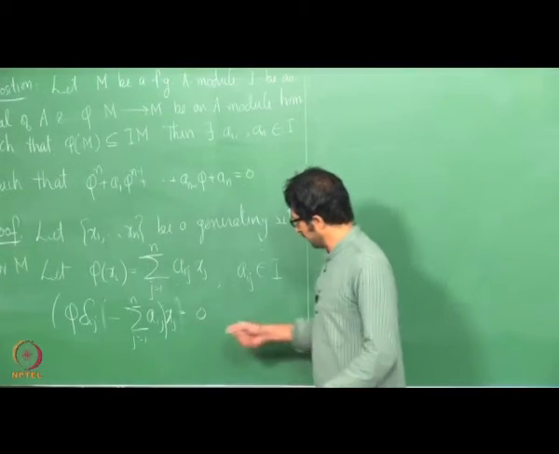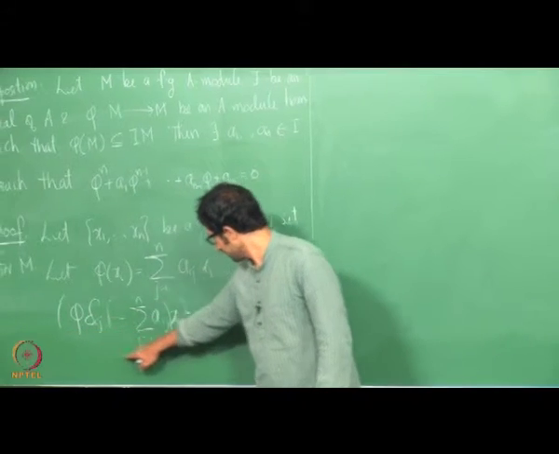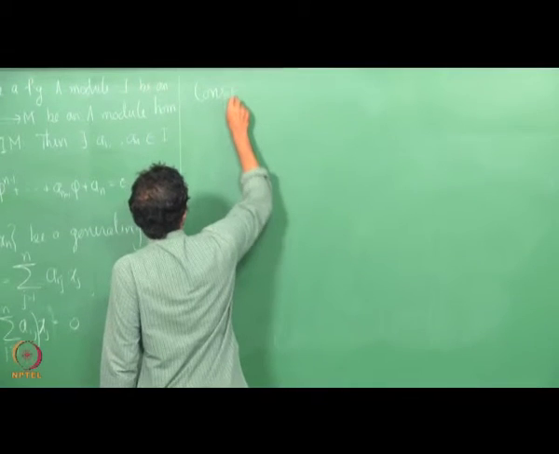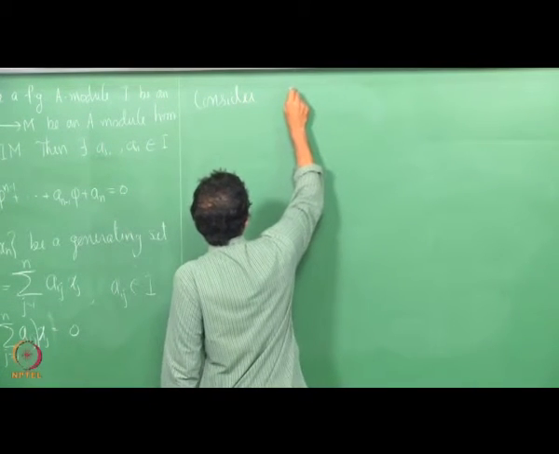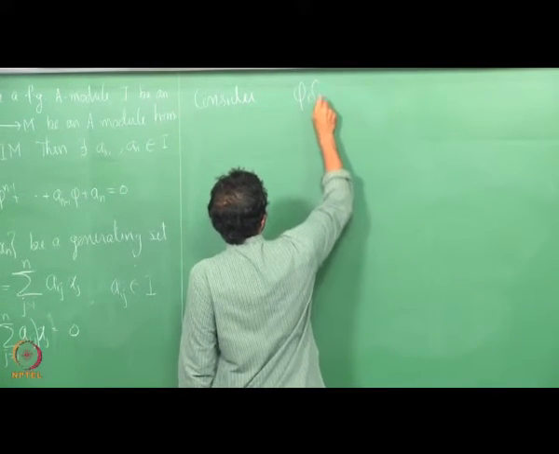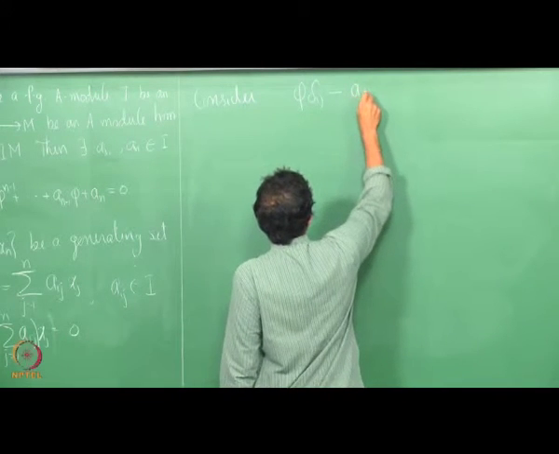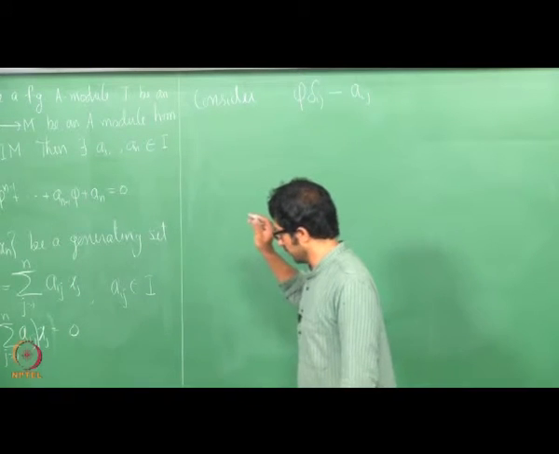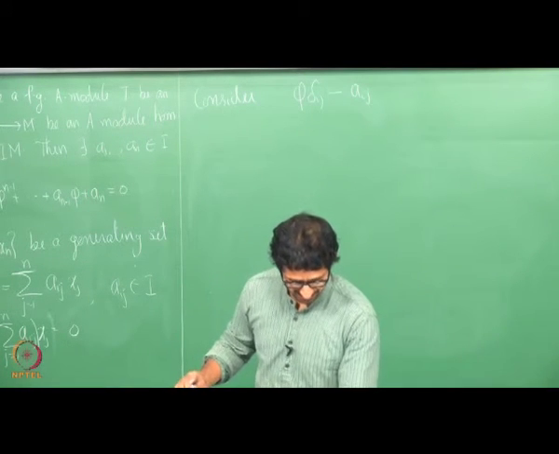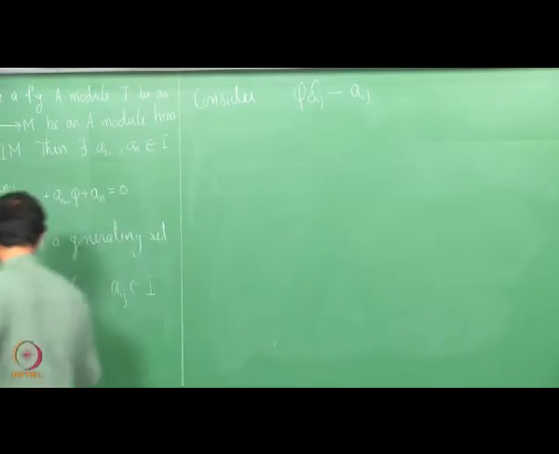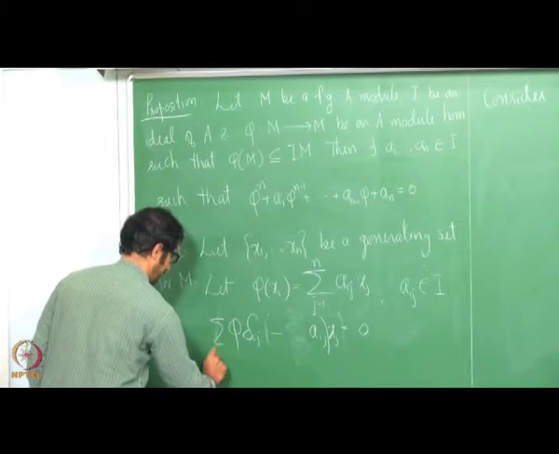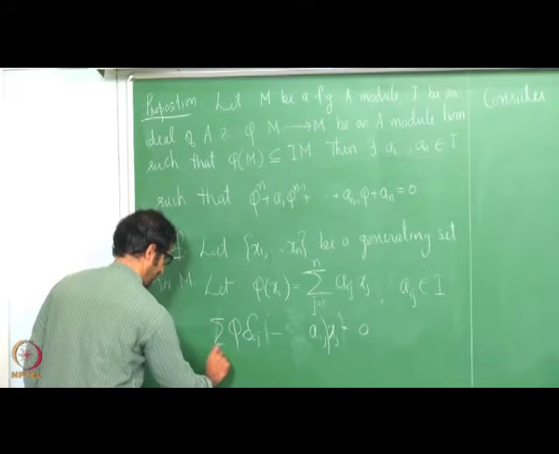Now look at this. Consider phi delta ij minus aij. So I am writing this as a summation, outside this, I am sorry. So this should be here, j from 1 to n.